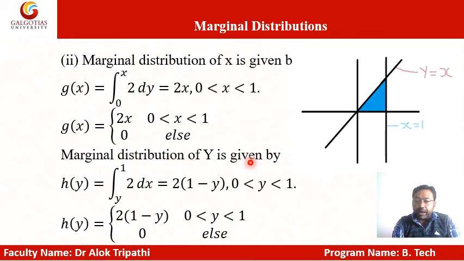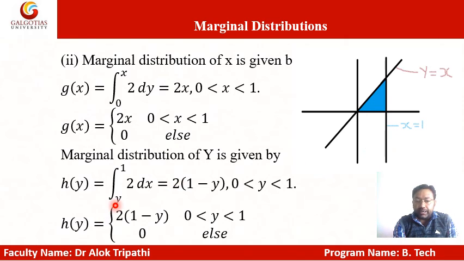Now we shall find the marginal distribution of y. If we want to find the probability density function, or you can say the marginal distribution for random variable y, then we have to integrate the joint probability density function with respect to x, and we will use the limits of x here. Now see, h(y) is equal to integration from y to 1. When we integrate this function with respect to x, we have to take the horizontal strip parallel to the x-axis, starting from y till x equals 1, since we have this region.